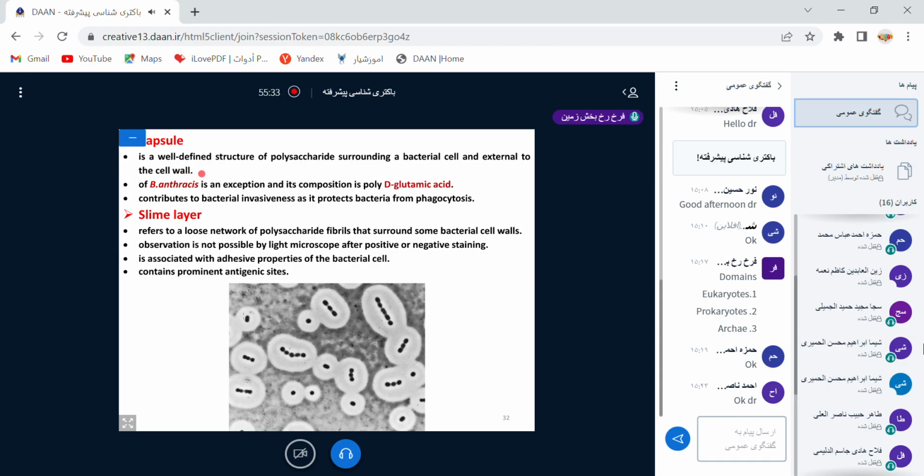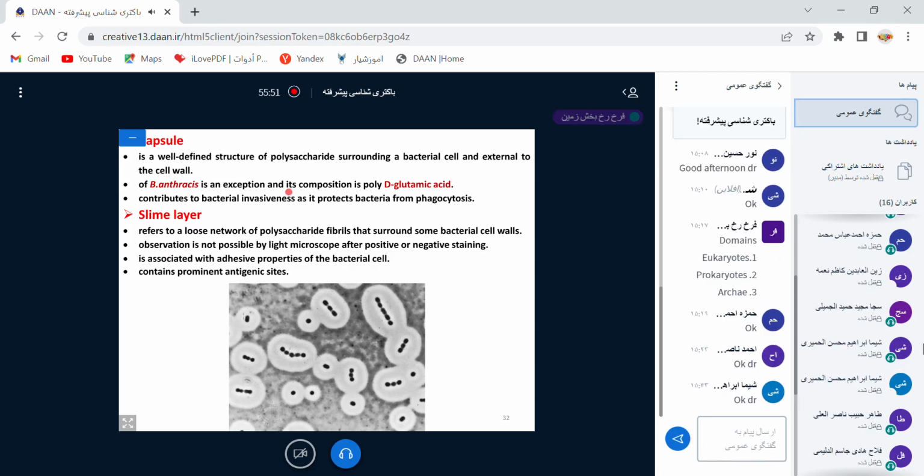So it is an outer layer of the bacteria. In most bacteria, except one, the structure of the capsule is polysaccharide. But Bacillus anthracis is an exception, because the capsule of Bacillus anthracis is polydiglutamic acid.